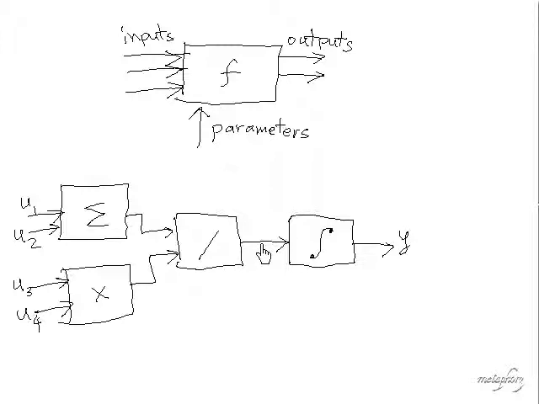So even though I've been a little bit lazy and I just say U1, in fact, if I'm going to be correct about it, I would say U1 of t. It's very important to note that because it's a time-varying signal that's coming into and flowing through this block and then through this network.